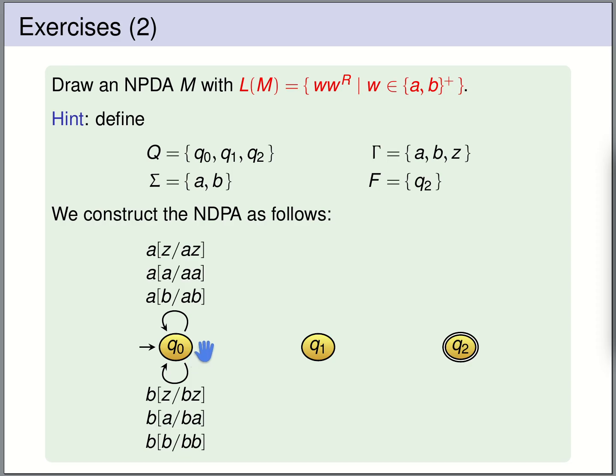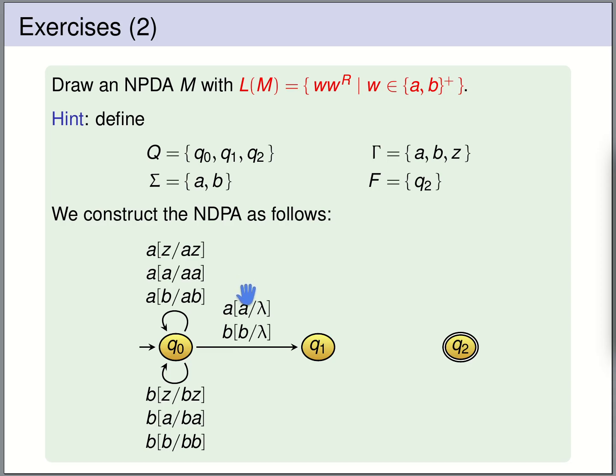So what do we have after reading a word? We have this word in reverse on top of the stack. And now if we enter the second part, we want to read W in reverse, then we can just do this by requiring that we read an A if there's an A on top of the stack.